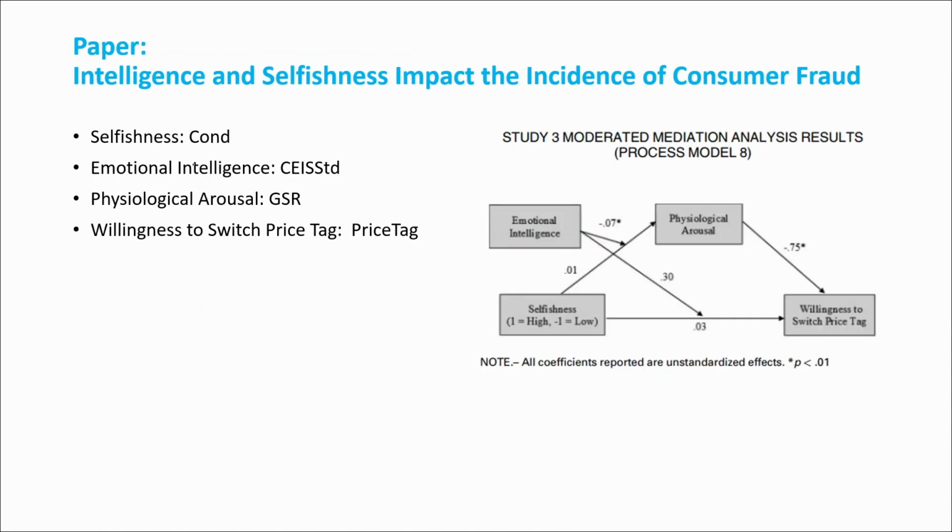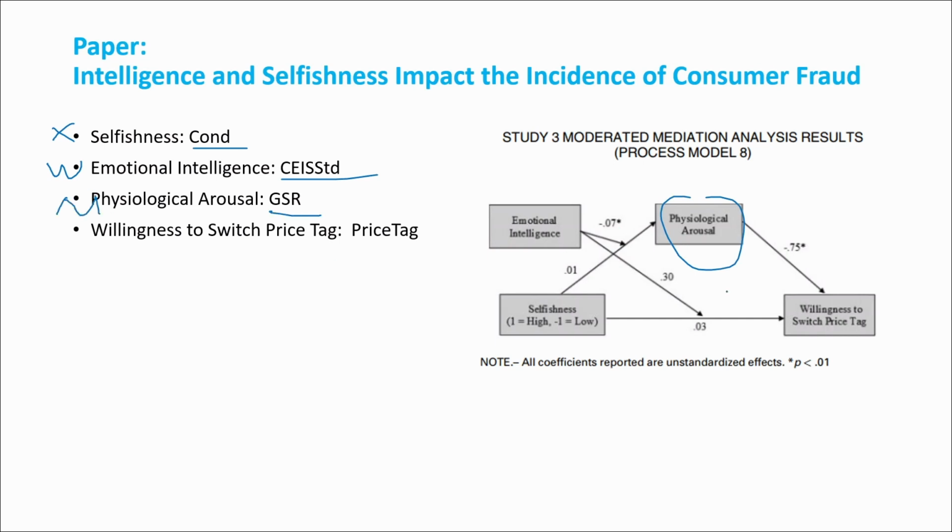In the data set I published, the variable name for the selfish, namely the X, is called condition, and the emotional intelligence, which is the moderator, is this variable name, and the mediator is GSR.